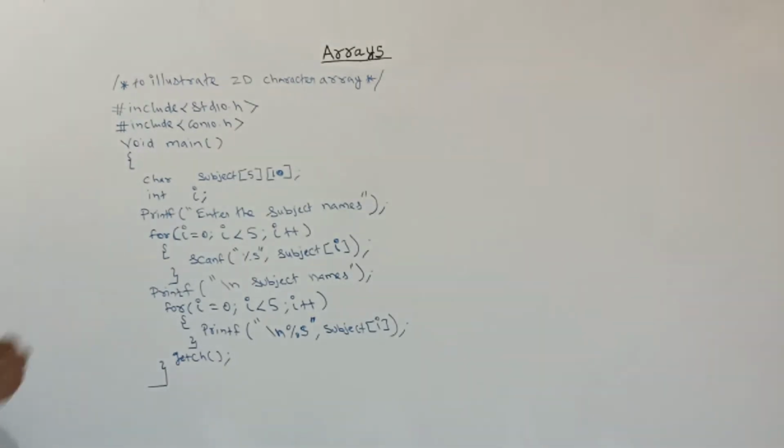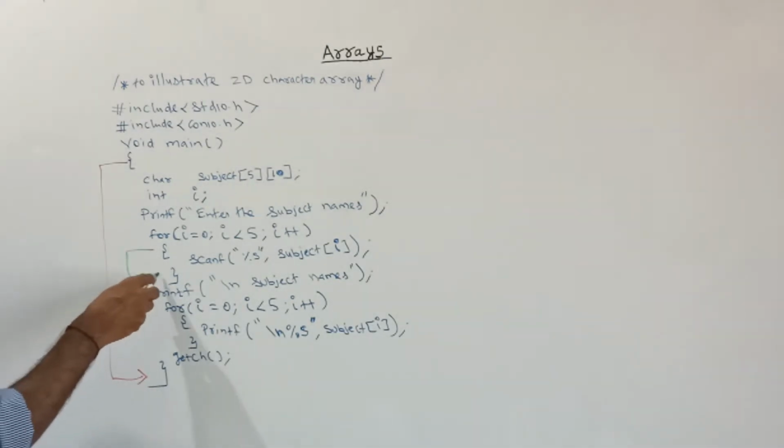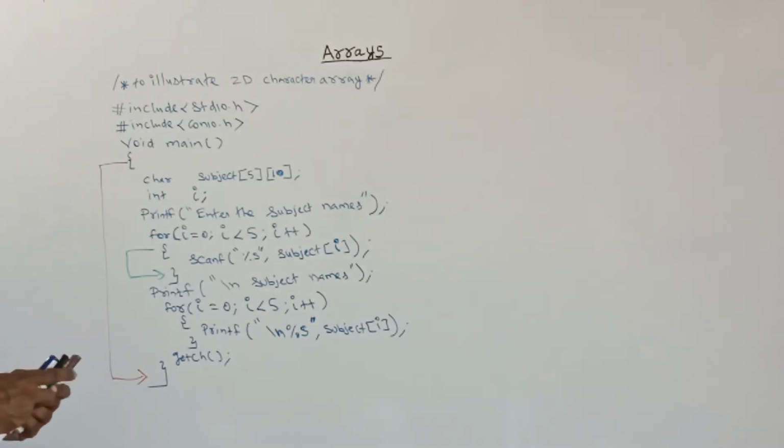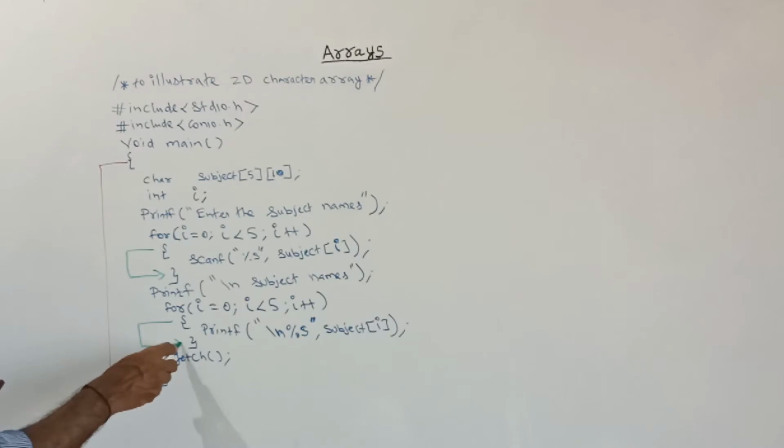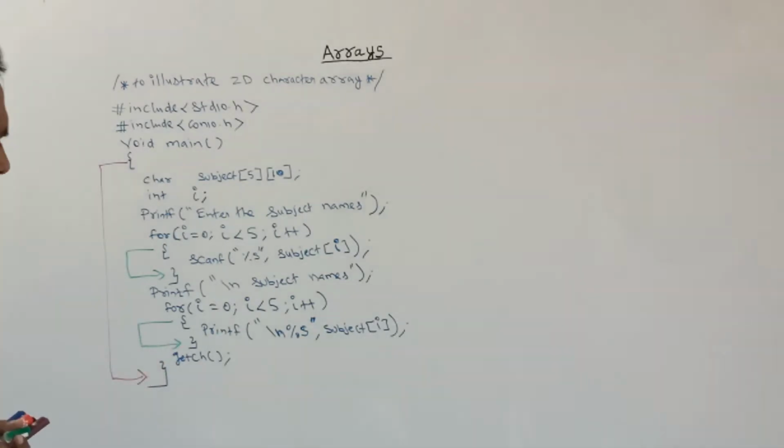See, this one void main, here open brace and close brace. This is first for loop. I am using this for loop for getting input to the variable, and this one second for loop. This loop is used for printing, that is display the output to the display screen.